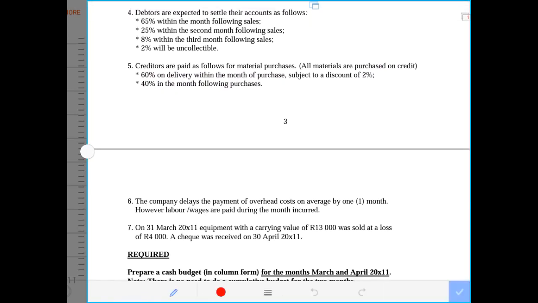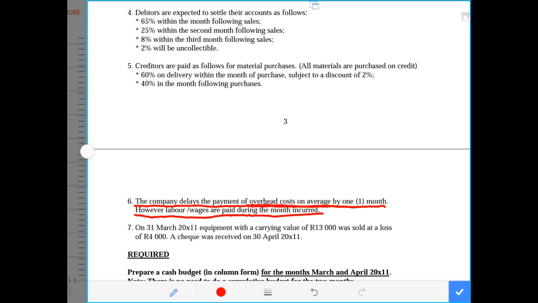Then under number 6, it is stated that the company delays the payment of overhead cost on average by 1 month. However, labor, which is wages, are paid during the month incurred. So that means our overhead costs are delayed by 1 month.